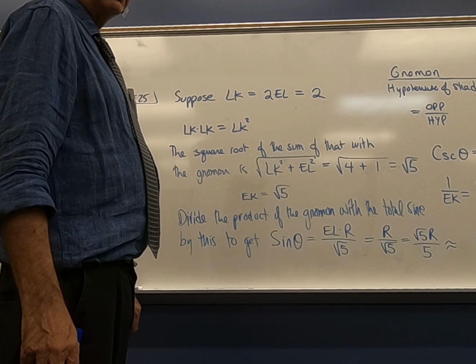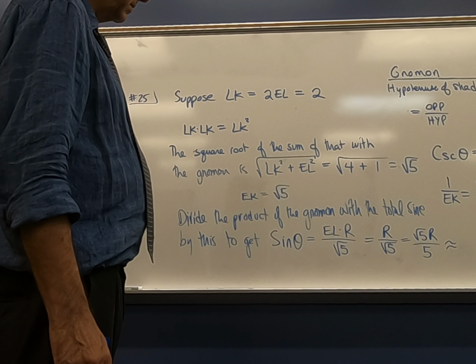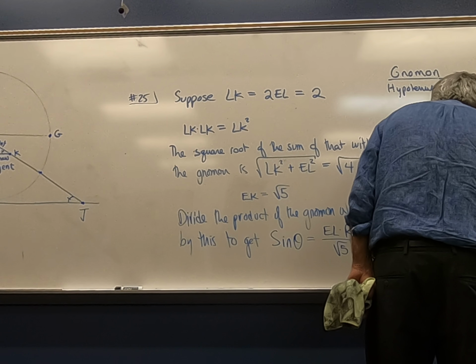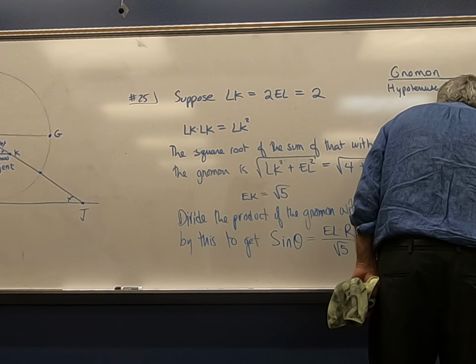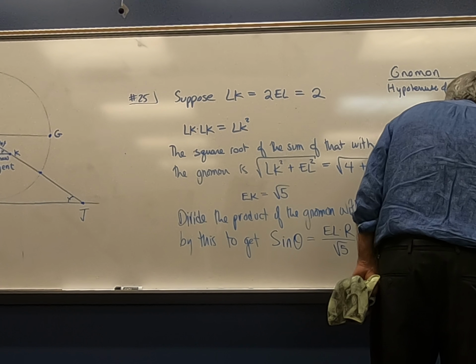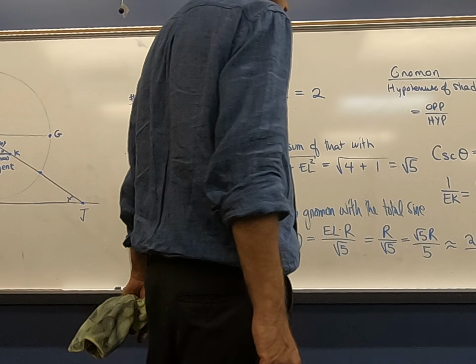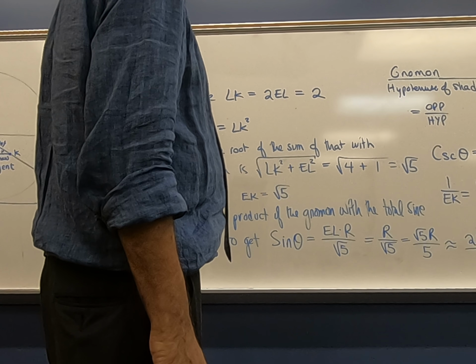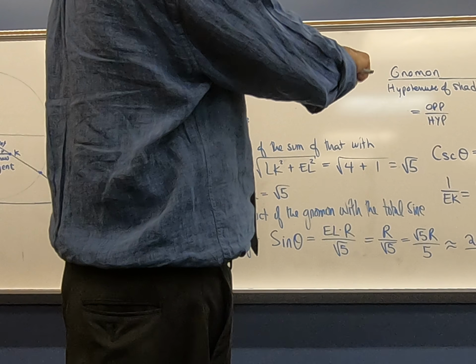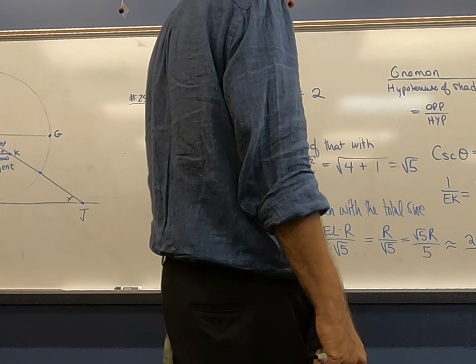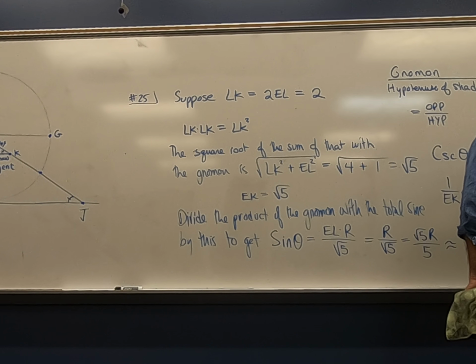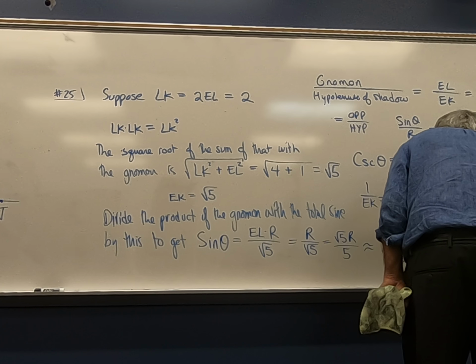About 2.236, that's 4 digits. Okay, so let's say that. So it's going to be about 2.236 r over 5, and we can convert that to decimal. Multiply the top and the bottom by 2, and you'll have 10 on the bottom. It's easy to divide by 10, right? So you'll have 0.4472 r.